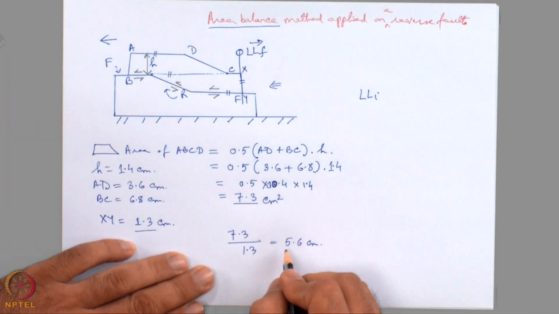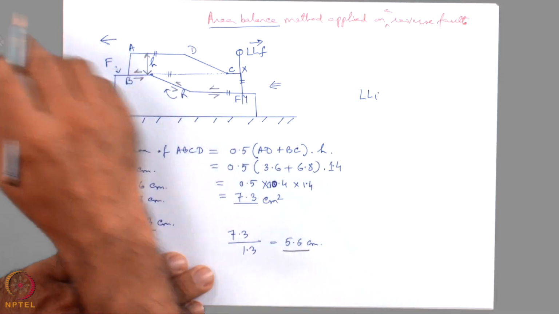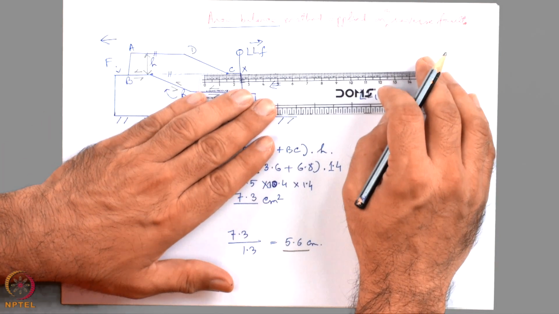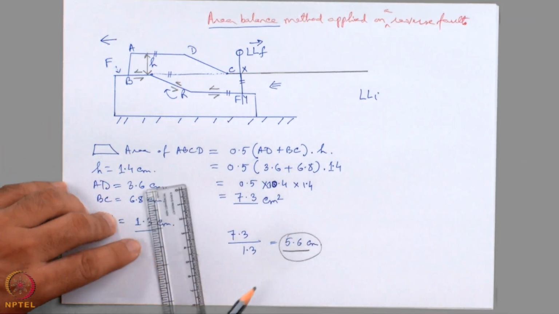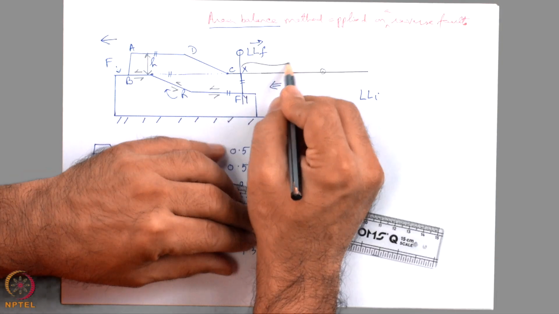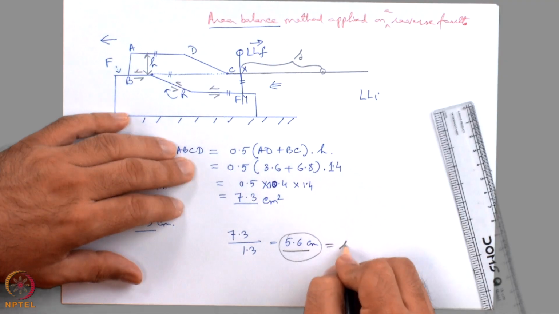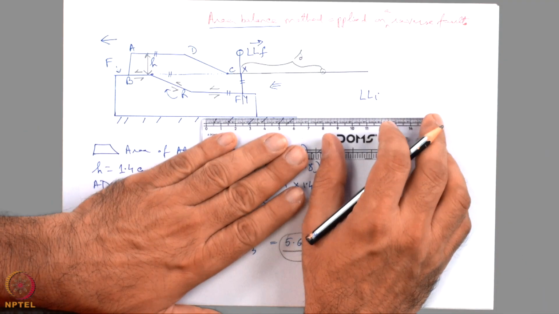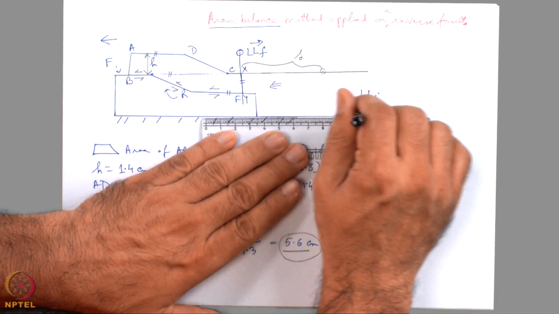To do that, I have to move 5.6 centimeter along CX line and in this direction. So, let us first of all extend the CX line. Next, let us measure 5.6 centimeter. This distance is equal to S is equal to 5.6 centimeter. Next, I extend the detachment for the sake of completion of my drawing.